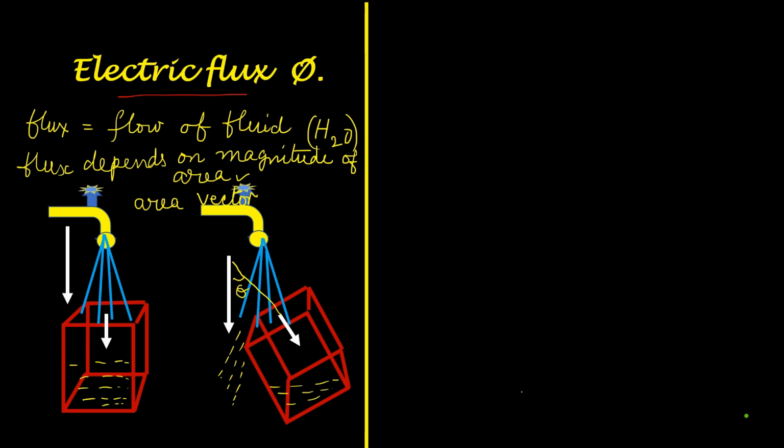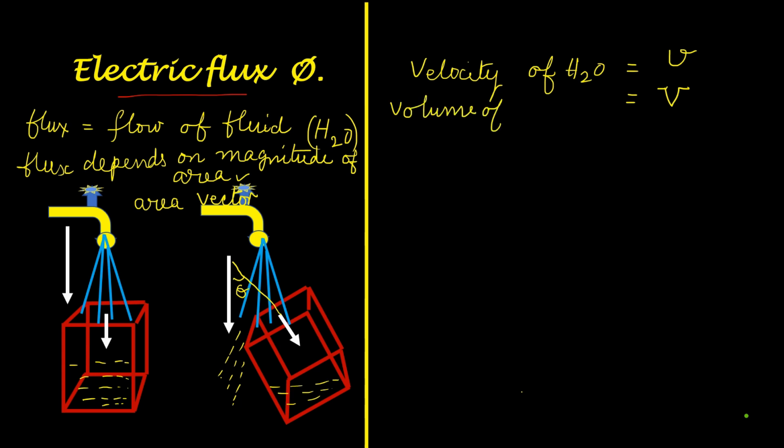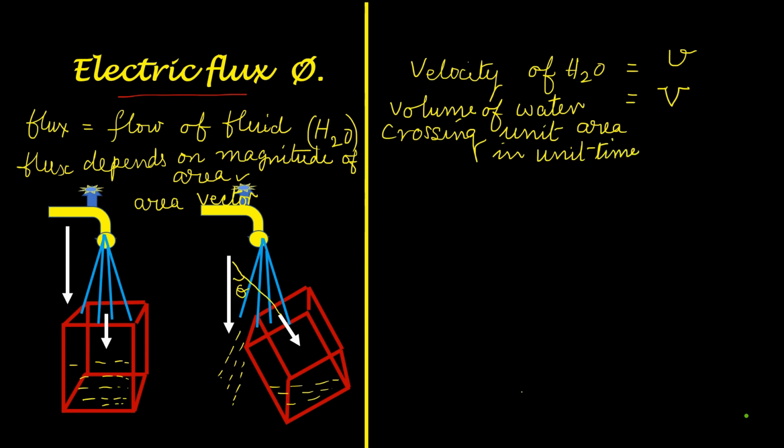Let us see how we can calculate flux. For that, let us consider the velocity of water. Let it be equal to v. Let us represent the volume flowing during unit time be equal to V. Please note the difference in the way in which I have represented V. So V is the volume of water crossing unit area in unit interval of time, that is per second.